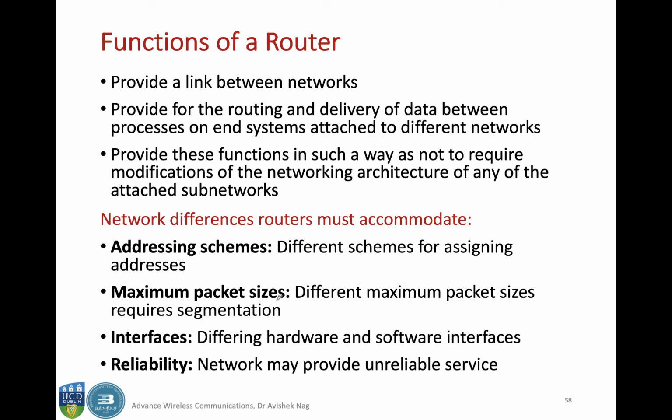It should have different addressing schemes for assigning addresses. It should also accommodate different maximum packet sizes that require segmentation. Then it should handle differing hardware and software interfaces, and it should also facilitate the provision of unreliable services. So these are the functions of a router.